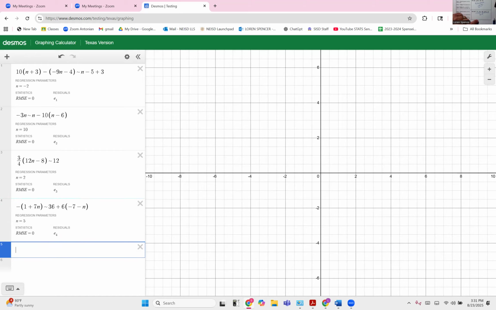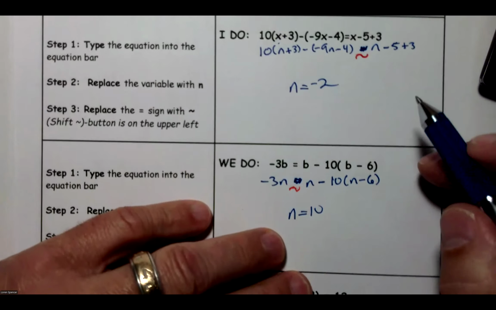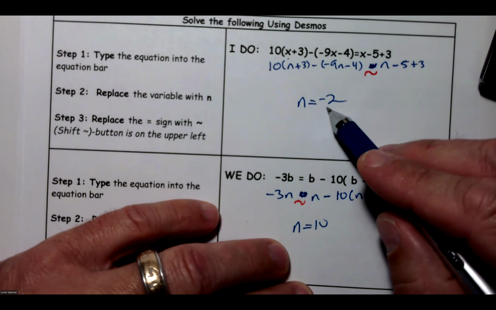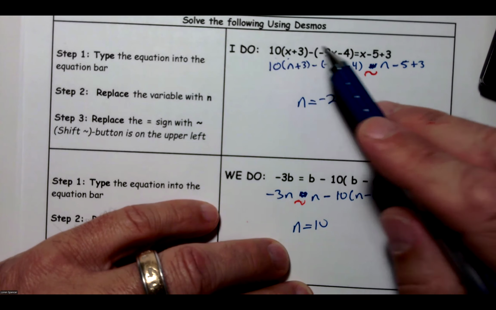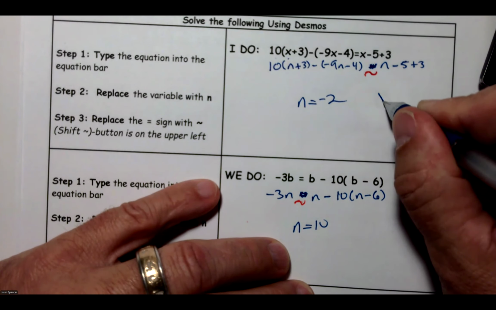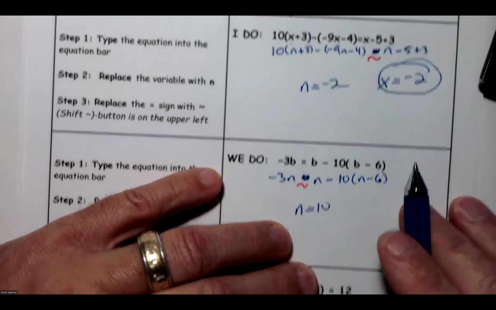So I'm going to go back. We're going to look back at all our answers. This says n equals -2. Well, that's what I got from Desmos, but really it's x. So my real answer is x equals -2. So I need to circle that.